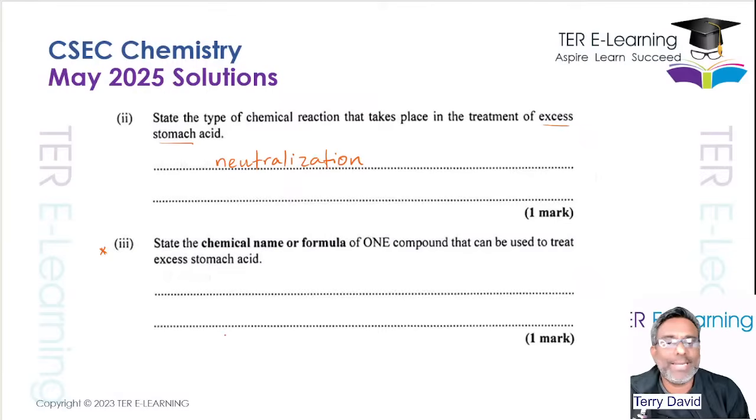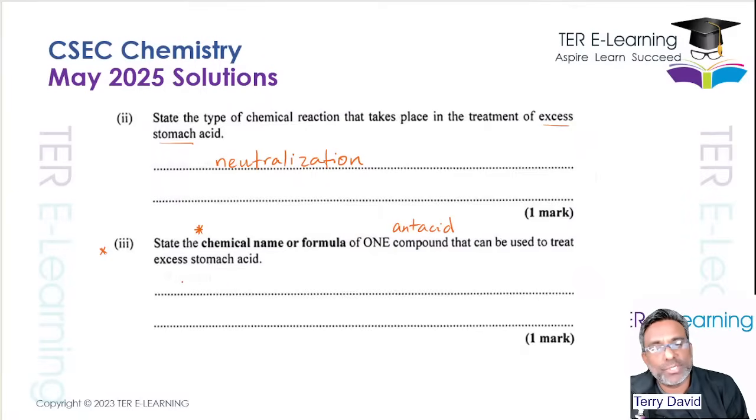And they said state the chemical name or formula of 1 compound that could be used to treat excess stomach acid. So now this here is what we call an antacid. But the thing is, you have to be specific because they want the chemical name or formula.